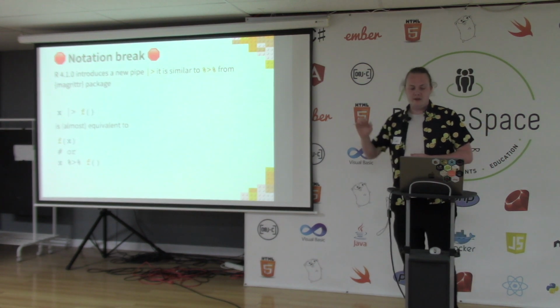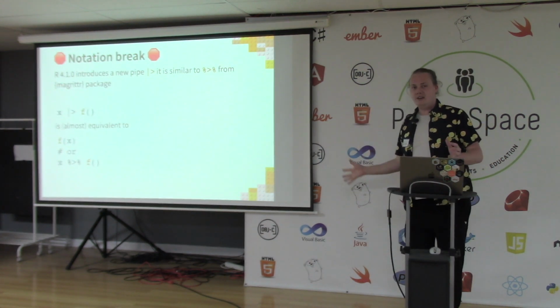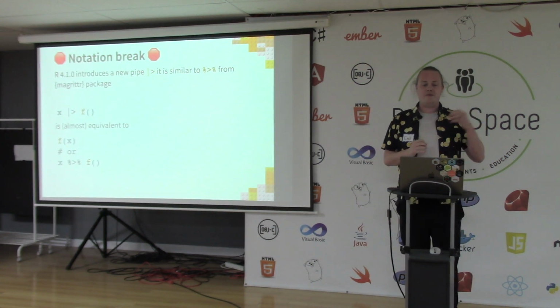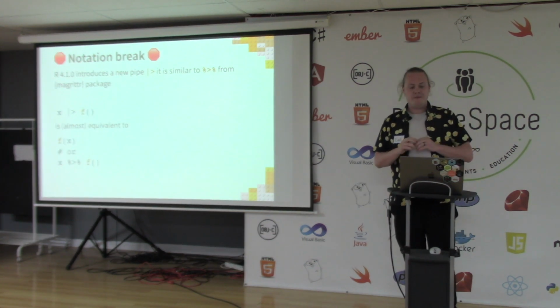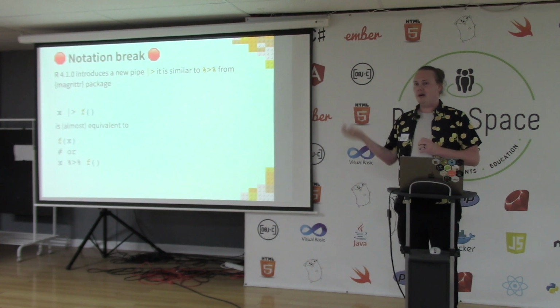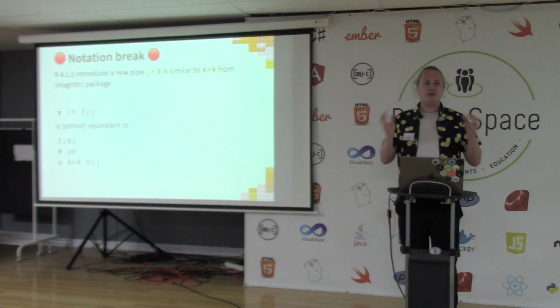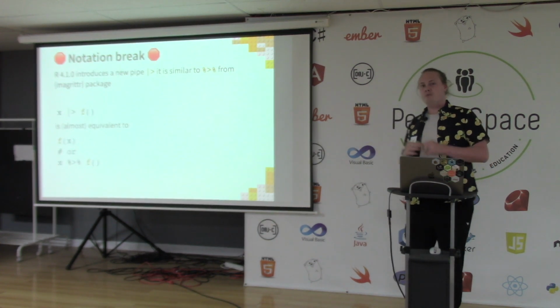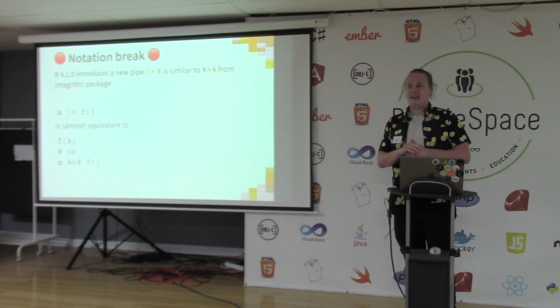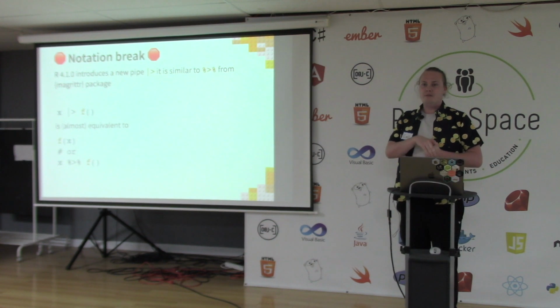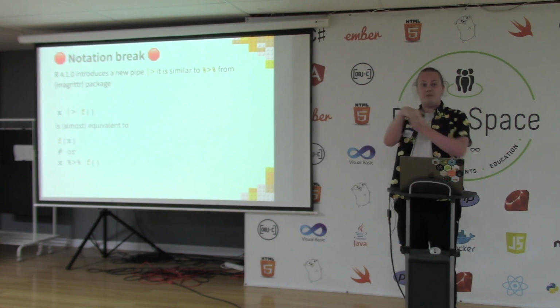Before we move on, I'm using some slightly new notation. As of R version 4.1.0, we have a native pipe. If you're familiar with the magrittr pipe, it can do most of the same things. It is a syntax transformer, meaning that it doesn't add runtime.